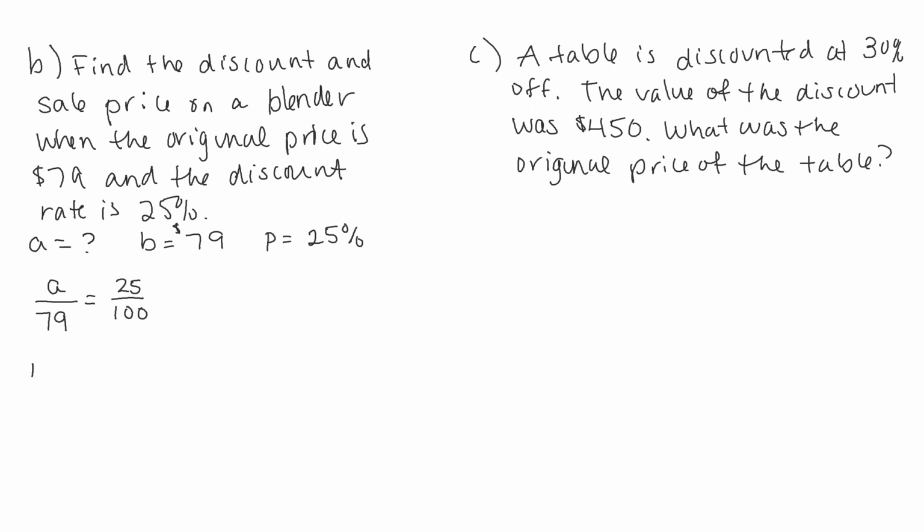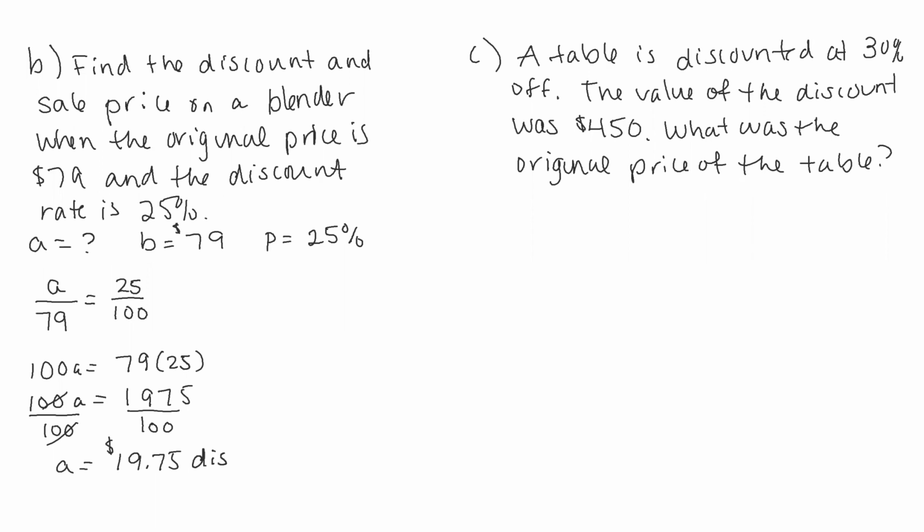So I would cross multiply. I get 100A equals 79 times 25. So 100A equals 1,975. I now need to undo the multiplication of 100 and A, and I do that by dividing by 100. On the left, the 100s cancel to just leave me A. And A is going to equal 1,975 divided by 100, or 19.75.